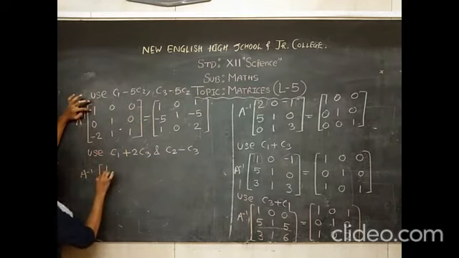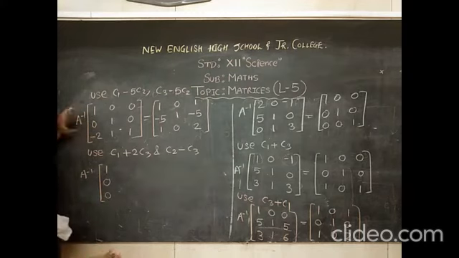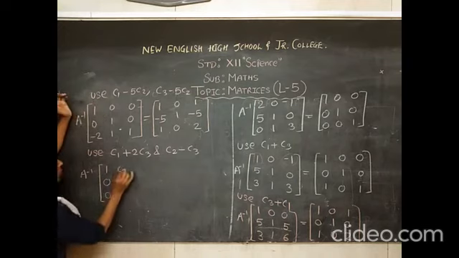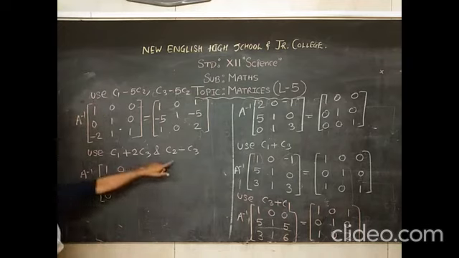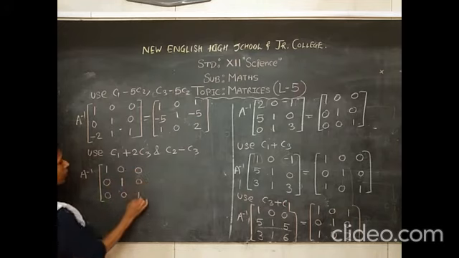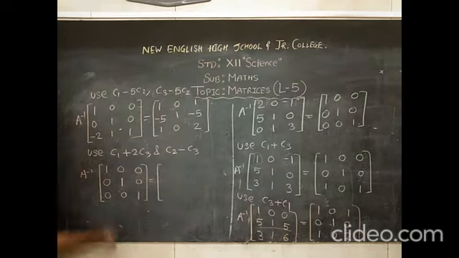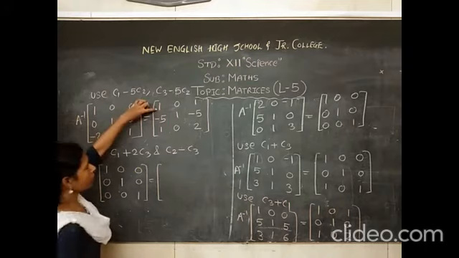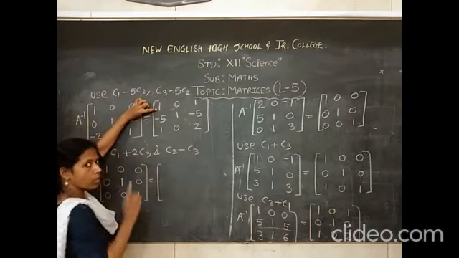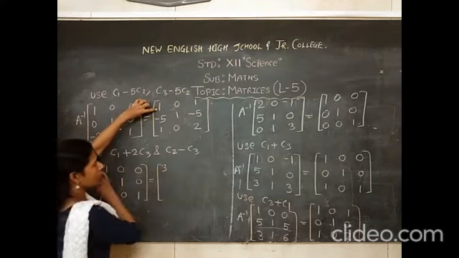No change. Here no change. Here 0. Directly also you can write C2 minus C3, this one C2 minus C3, that gives 1, 1 minus 1 is 0, it is 0 0 1. We have got identity matrix equals to C1 plus 2 times C3, 1 plus 2 times 1 means 1 plus 2, that is 3.